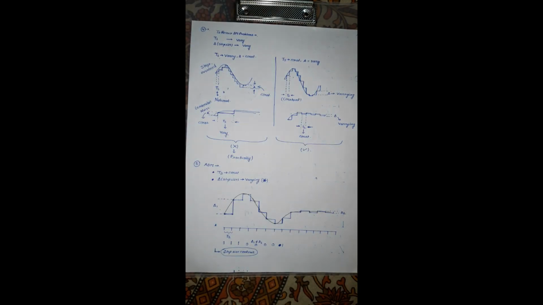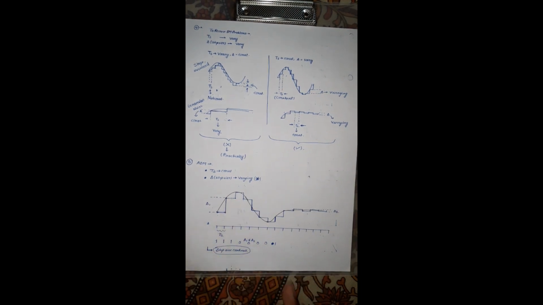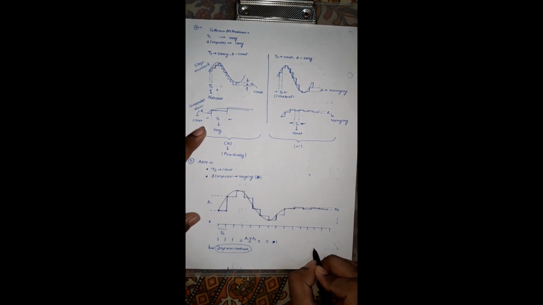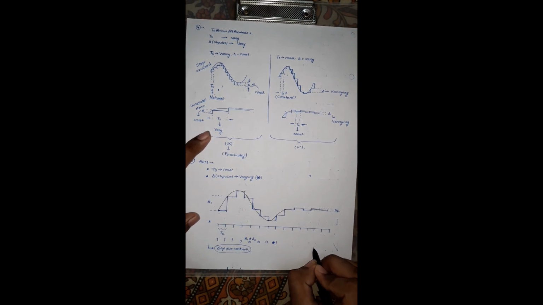And one more thing, after the step register there is an accumulator, that is add or subtract. What is the meaning of add or subtract? There is a fixed step size. Suppose the step size is delta, a fixed step size.